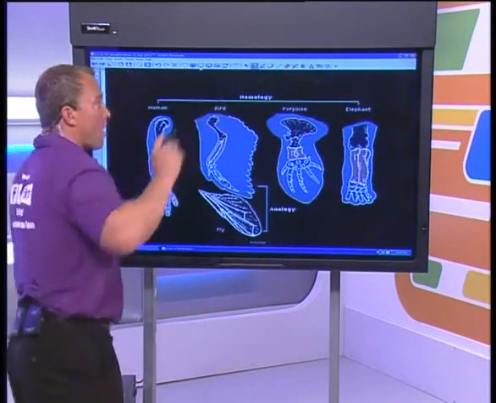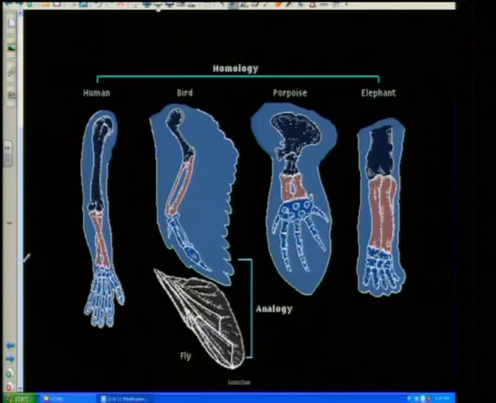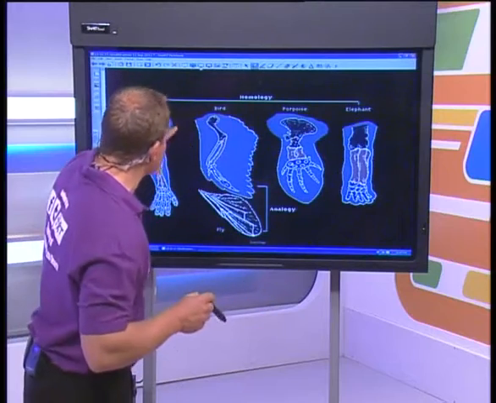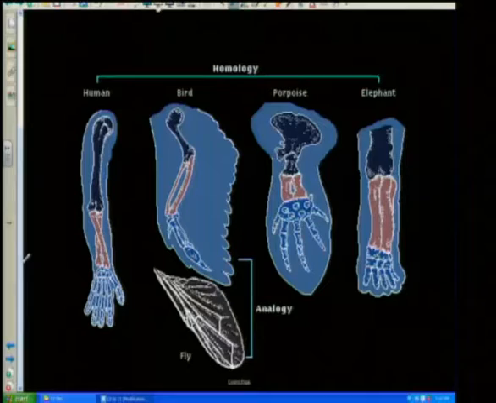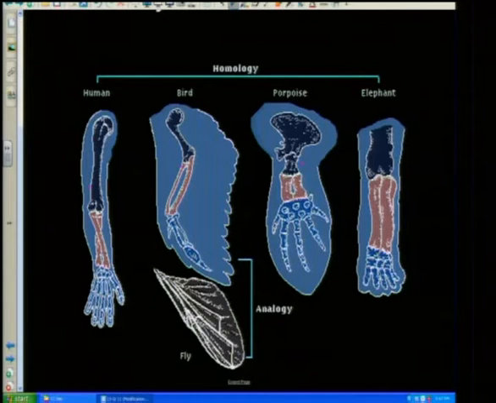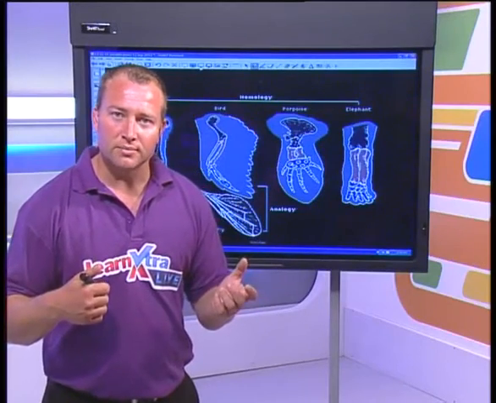Okay, homologous, that's the real way of saying it. Homologous is the top one. So you've got the hand, you've got the bird, you've got the porpoise, which is a nice one, and you've got the elephant. All of them, same structure, different function. Okay?